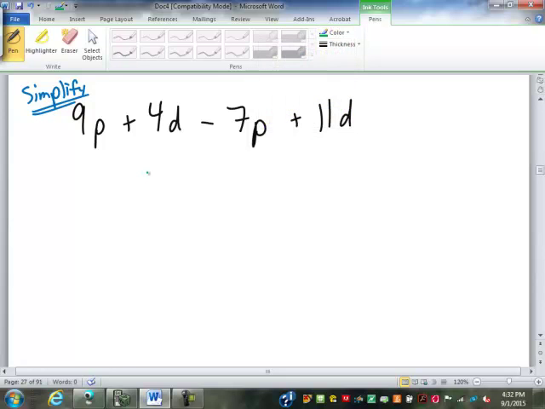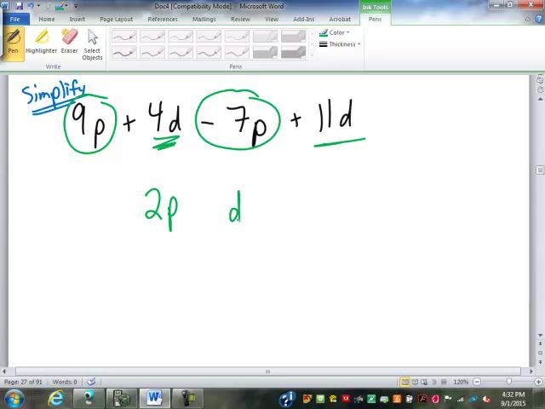So for P, what are we going to get? Yeah, we have 9P, and this is a negative 7P, which makes 2P. How about for the D's? 15D. Is that our answer? What's missing here? We have to have something that links them together. And since they're both positive, a positive 15D is what really matters. It's plus, like that.